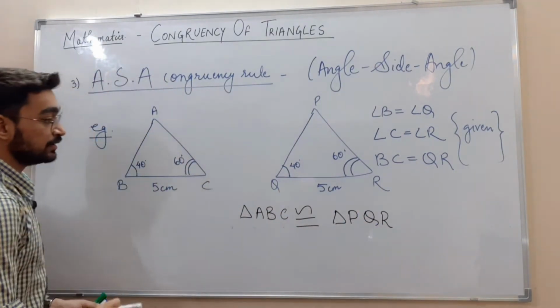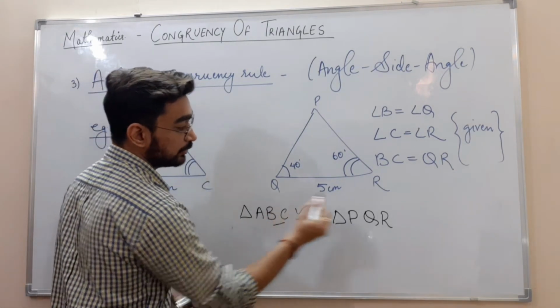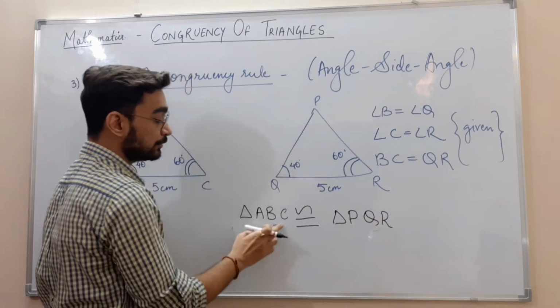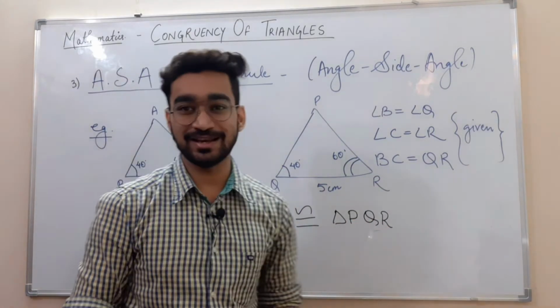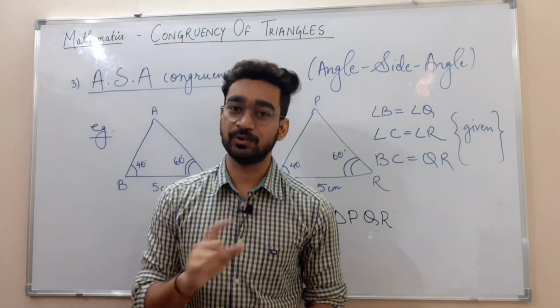You can see here BC is equal to QR. So I think you should always follow this method of writing the names, because the corresponding parts should be properly equal.